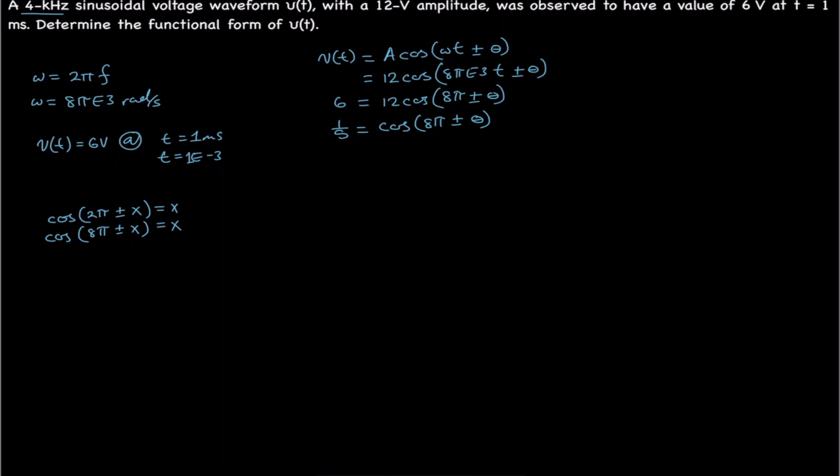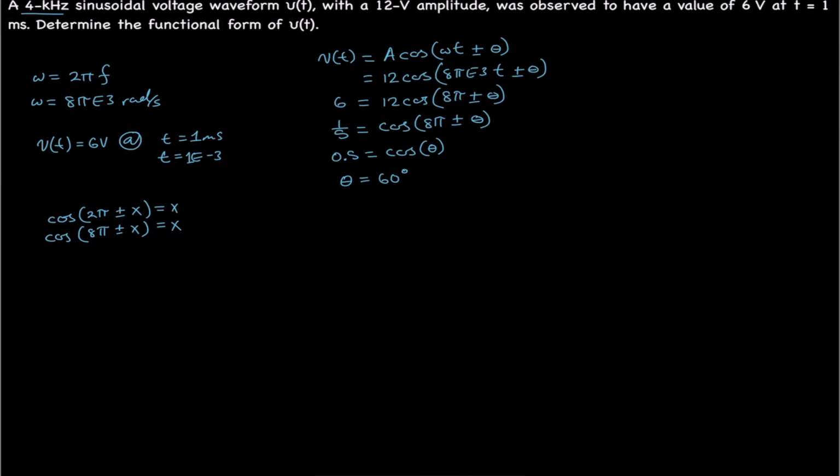In this case, for our theta value we can write that 0.5 is going to equal cosine theta. And as we know, the inverse cosine of 1/2, you can look at your unit circle or put that in a calculator, and you would get theta is equal to 60 degrees.